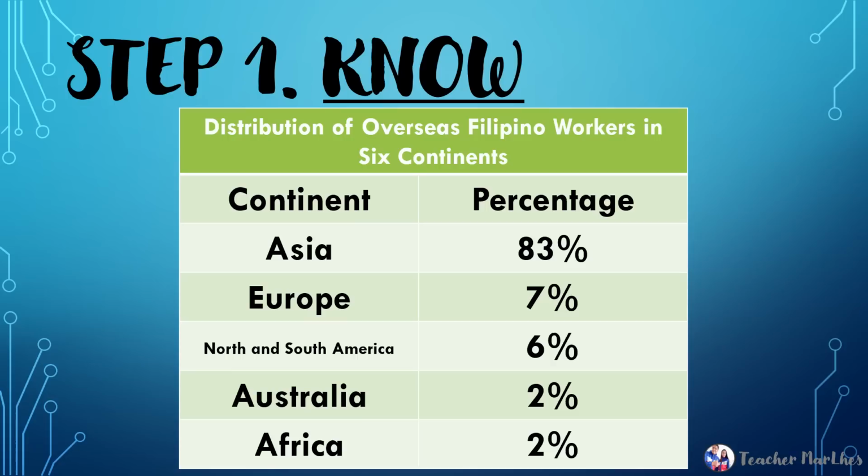And the parts of the pie graph are the continents: Asia, Europe, North and South America, Australia, and Africa.